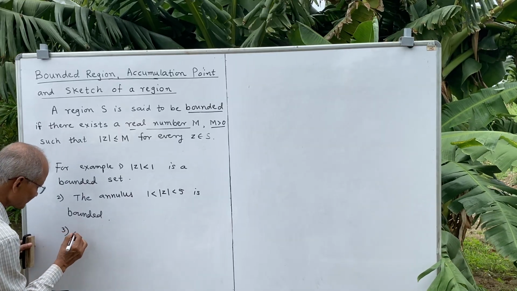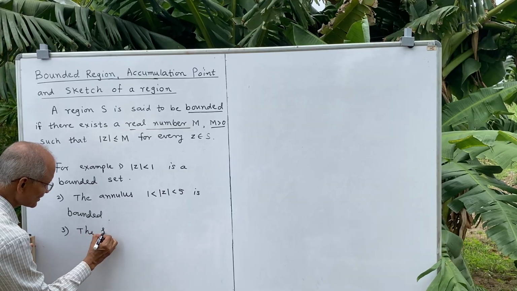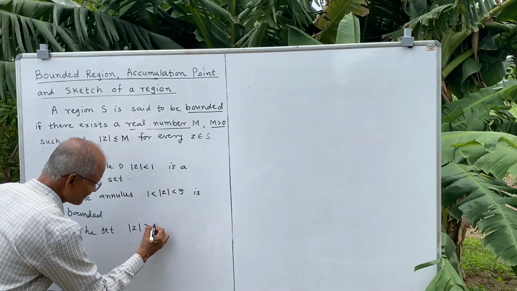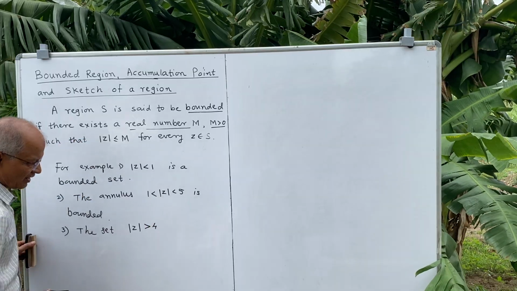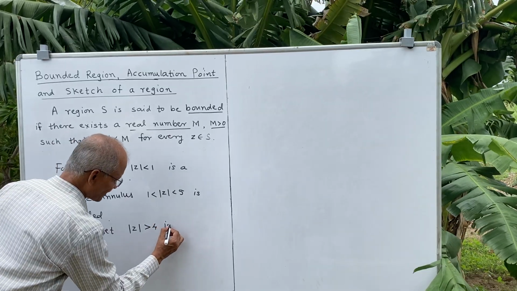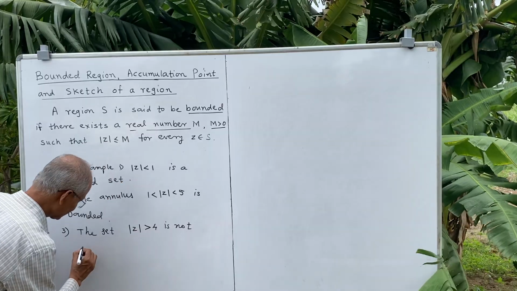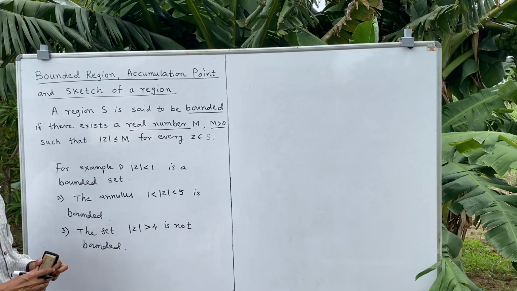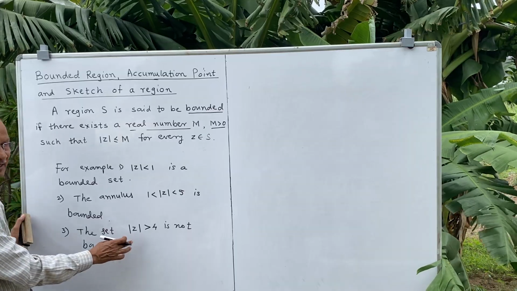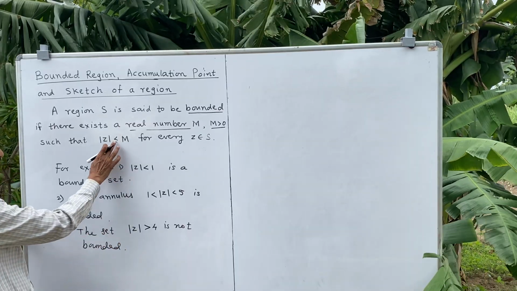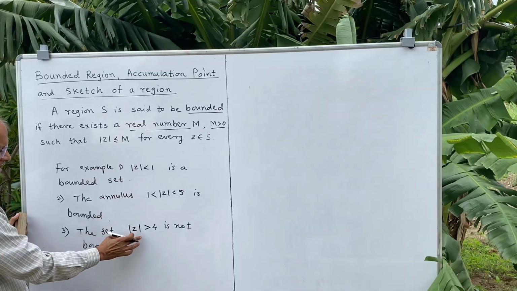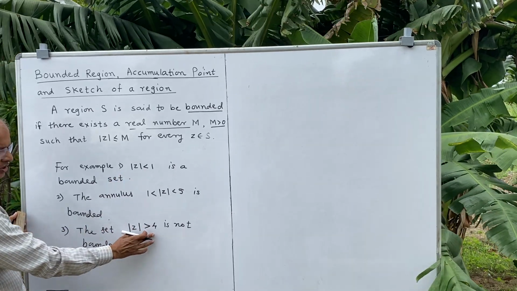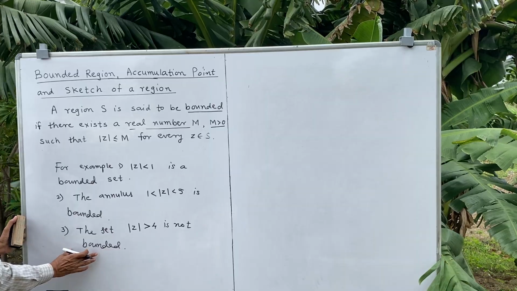But the set mod Z greater than, say, 4, is not bounded, because here we can't find M such that mod Z is less than or equal to M. Therefore M cannot be obtained for this condition, and this set is not bounded.